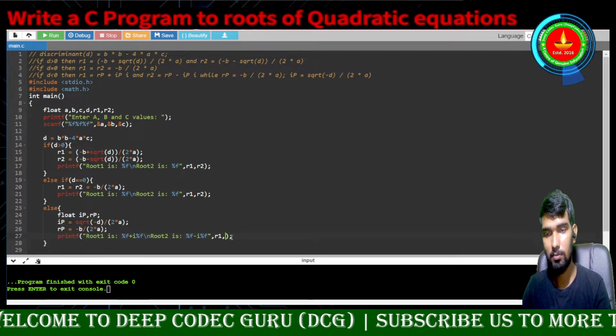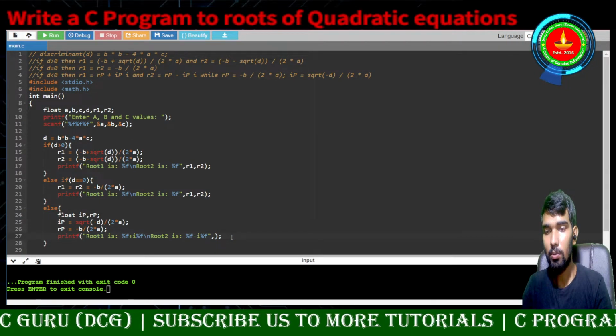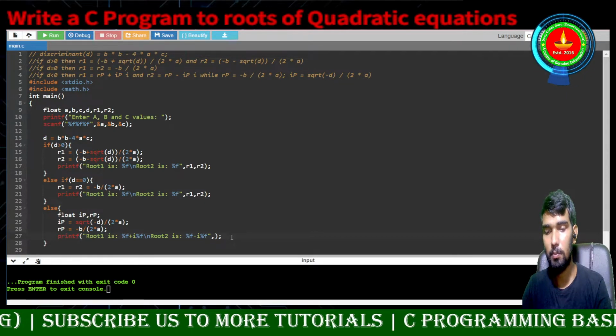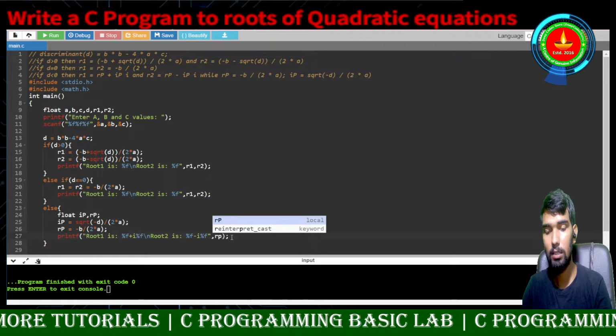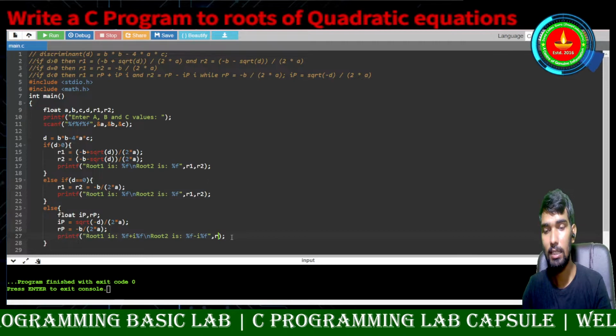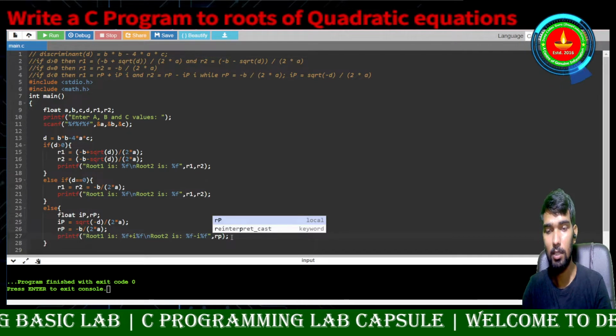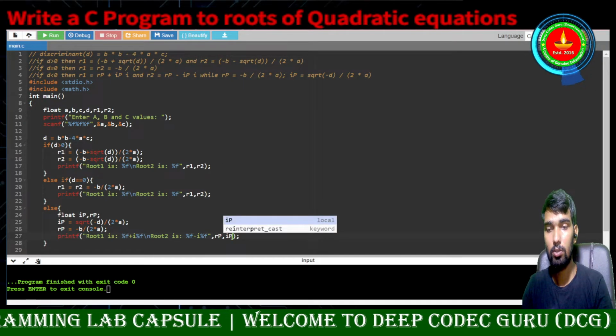Now, what should our output be? First is the real part, then the imaginary part. You can see this is case sensitive. So if we write a small p, then it will show an error.